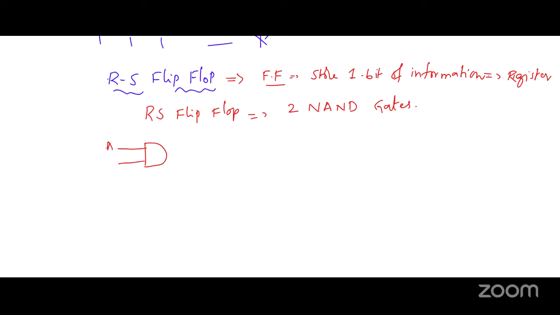A, B, AND gate. Okay, input, output, truth table. Okay, so this is about the AND gate.